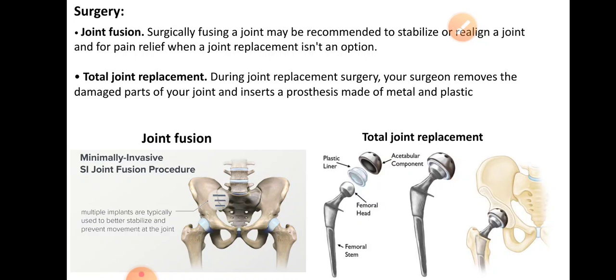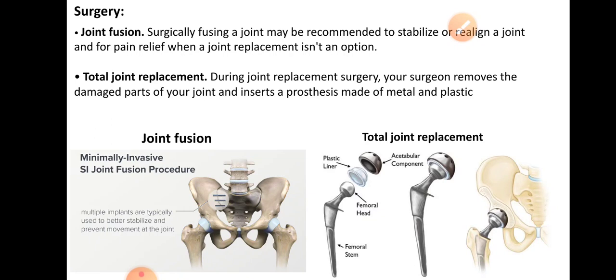Next is total joint replacement. During joint replacement surgery, your surgeon removes the damaged parts of your joint and inserts a prosthesis made of metal and plastic. So you can observe the pictures of joint fusion and also the total joint replacement, where they are using metal elements to fix the joint.